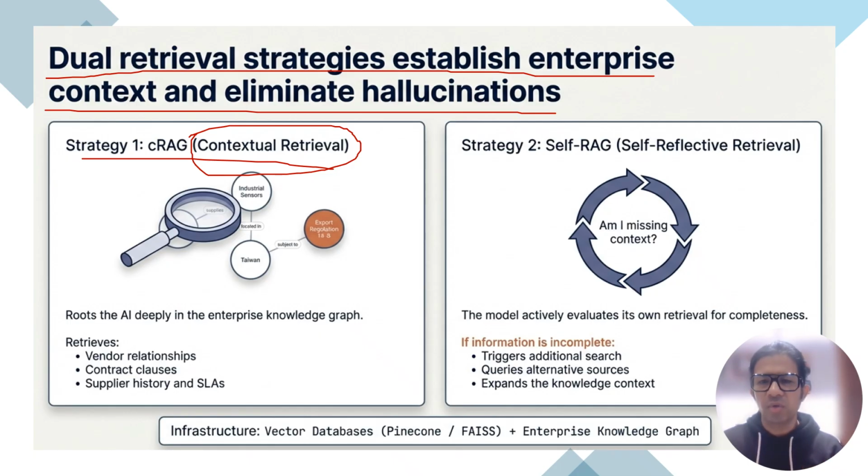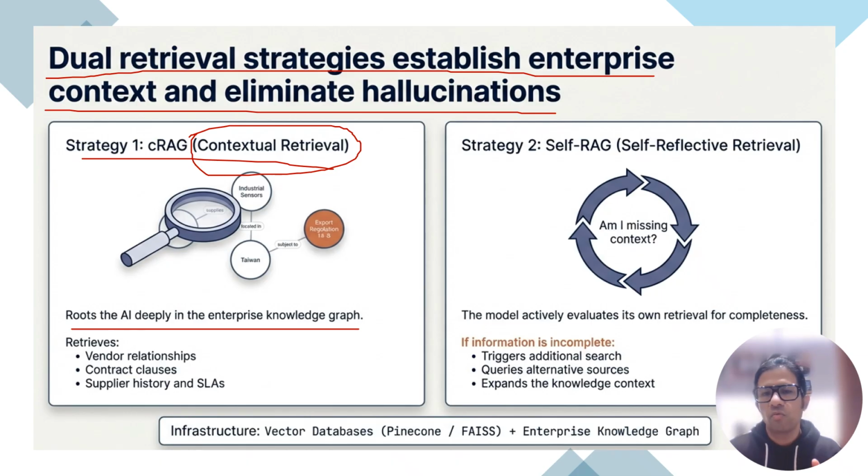Meaning when a request comes in, the system doesn't just retrieve random documents. It retrieves context based on relationships: supplier, category, region, contracts, and policies. This line is important because grounding is what reduces hallucination risk.